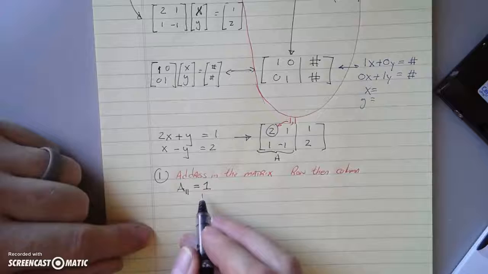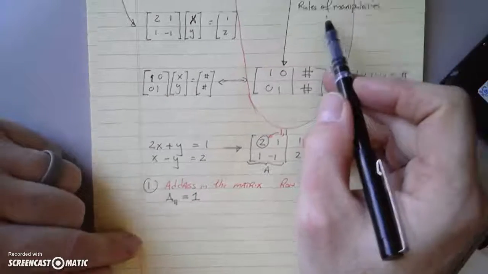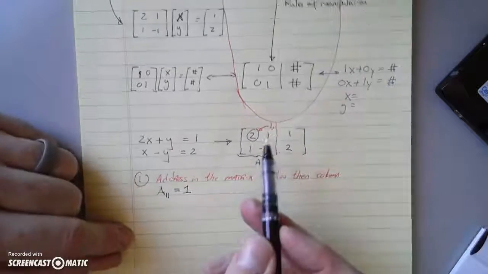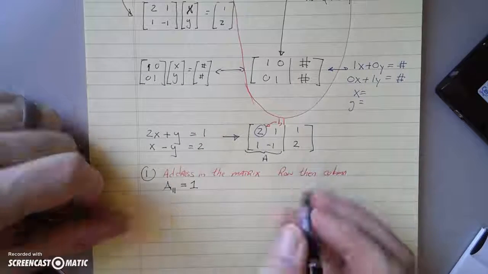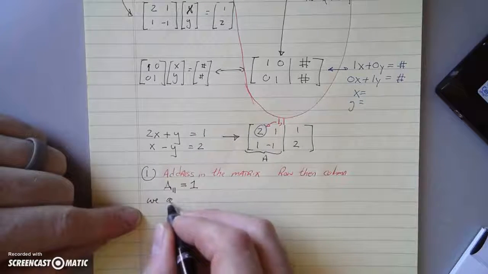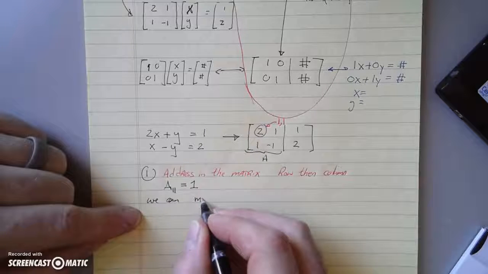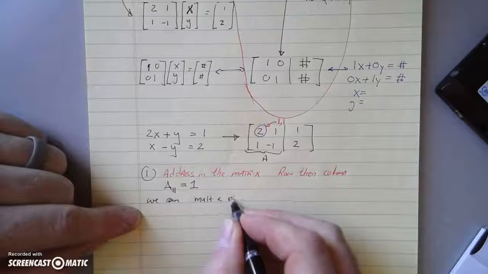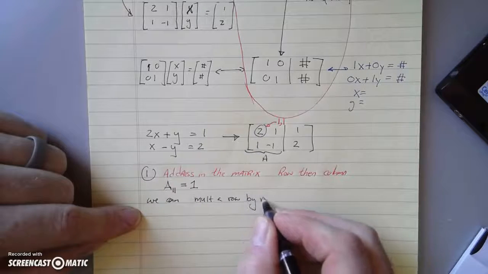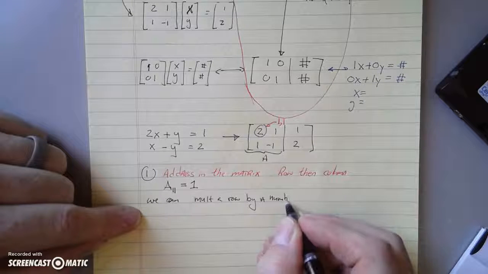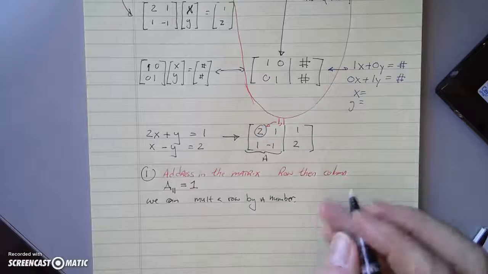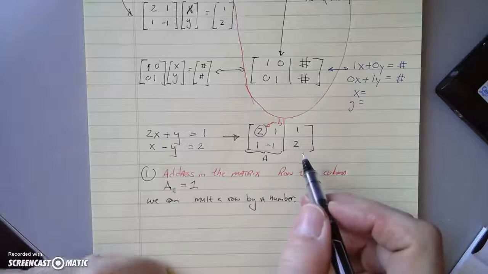So how do we do this? Well, one of the rules of manipulation is we can multiply a row by a number. So I'm going to multiply the first row by half.